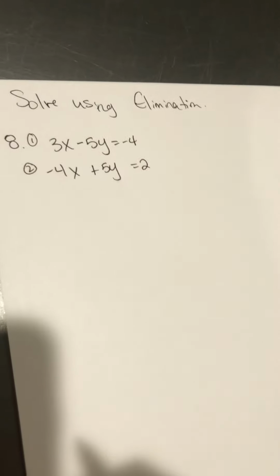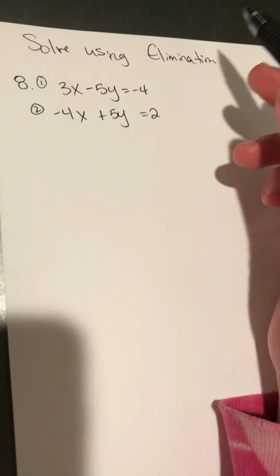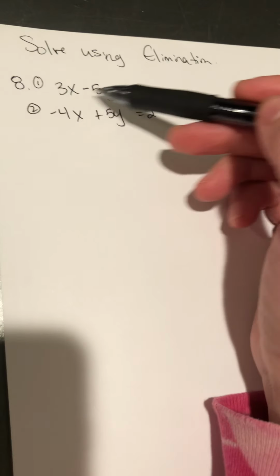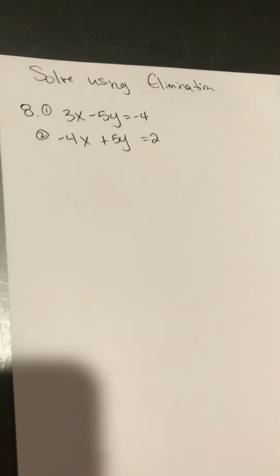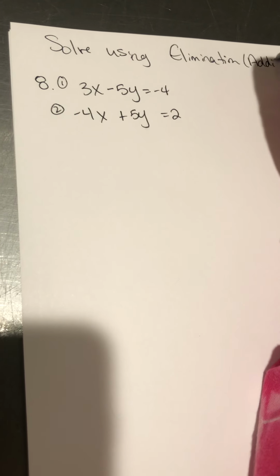Okay, so we want to solve 3x minus 5y equals negative 4, and negative 4x plus 5y equals 2. You can solve by substitution, you could graph, but if you want to solve by, oh look, I just wrote down elimination, addition method.